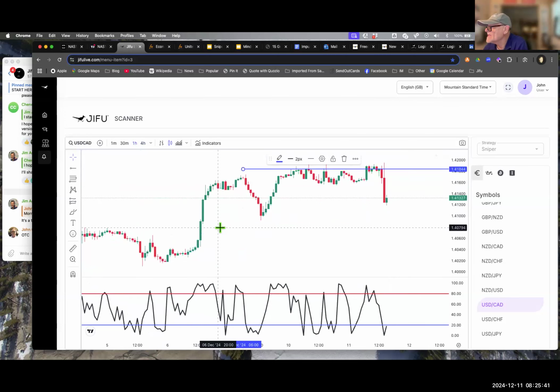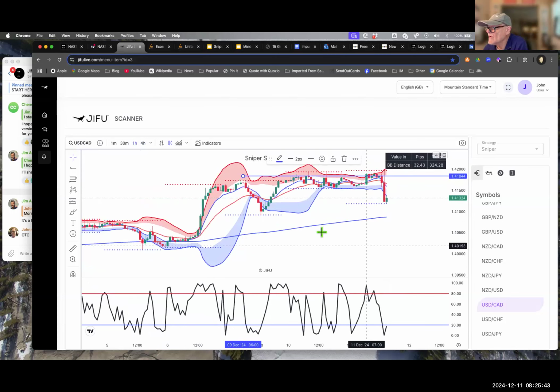Let's drop it down and get a bit more clearer idea where we are here. We've got some lows here, lows back here, and lows here. I'll just leave those lines up to give you an idea where those are.